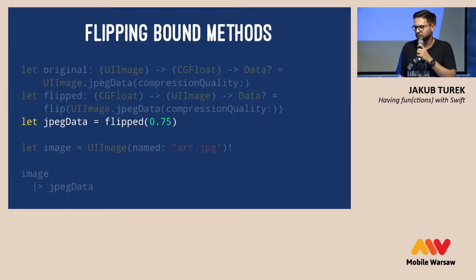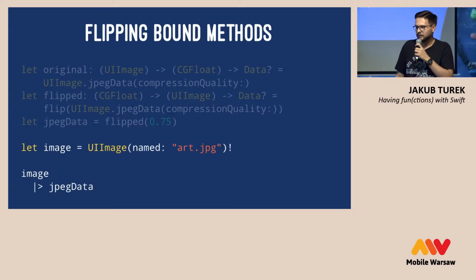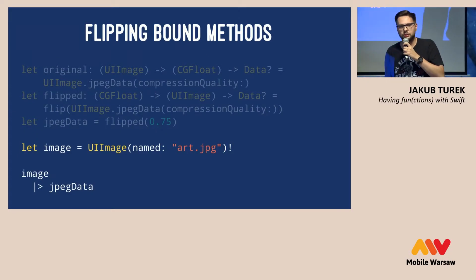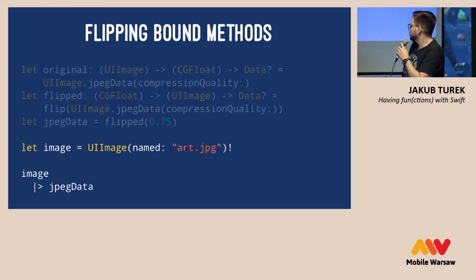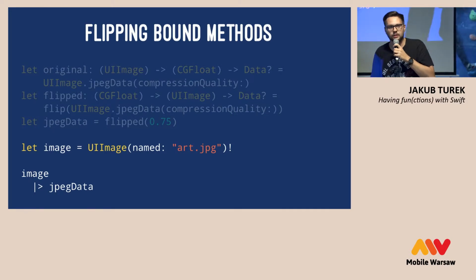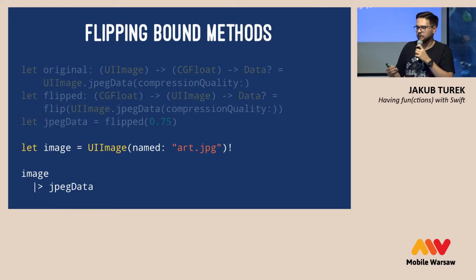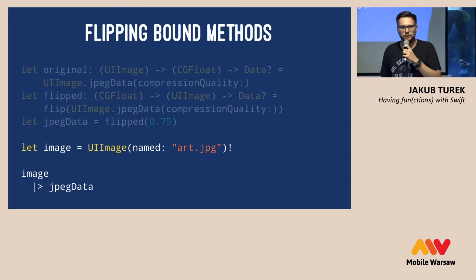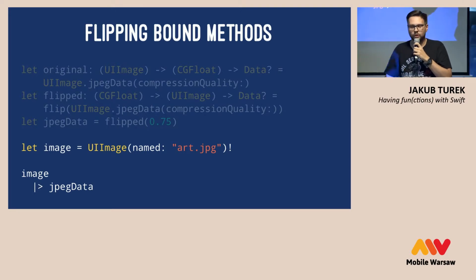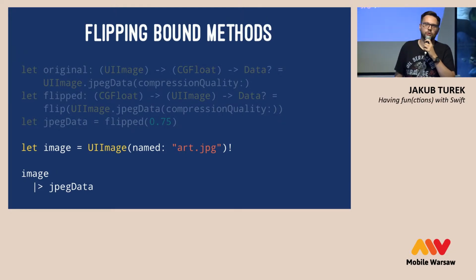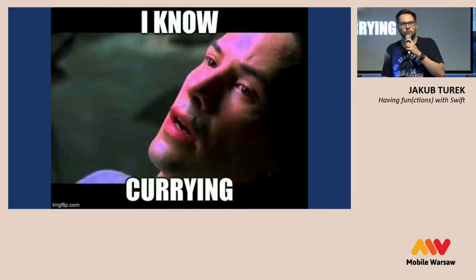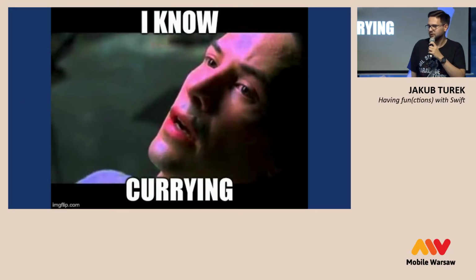It goes from image to data. And then we can have our original image, and we can pipe it to the JPEG data function. And we kind of enforced the function to allow us the composition that we have seen when I introduced the forward application operator.